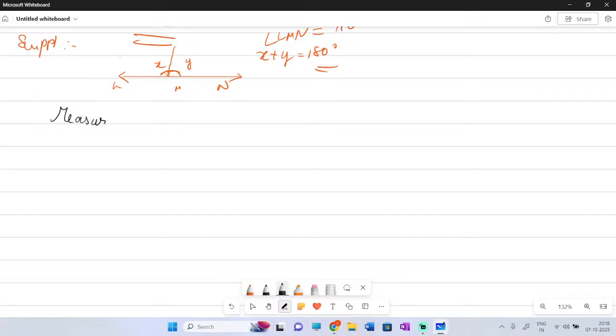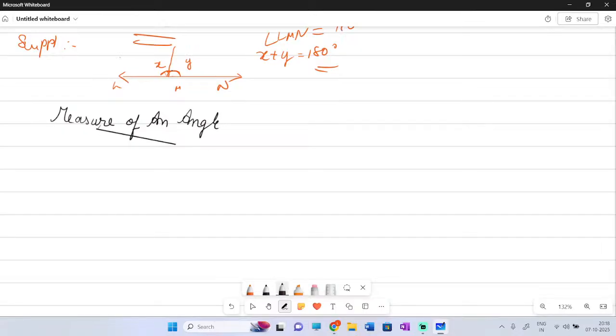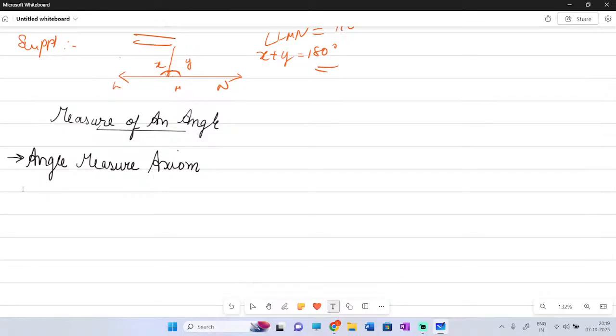Measure of an angle. This isn't a completely new, different topic. Measure of an angle. You write axiom. Angle measure axiom. I will type it in because it's a little big axiom.